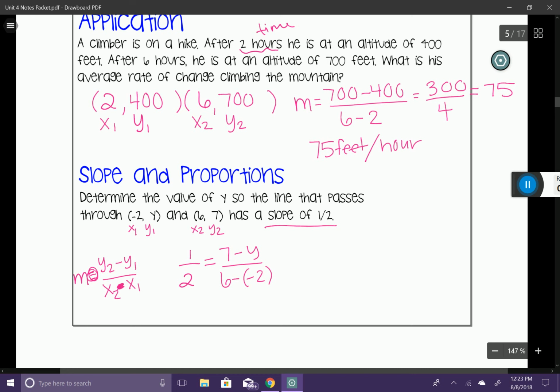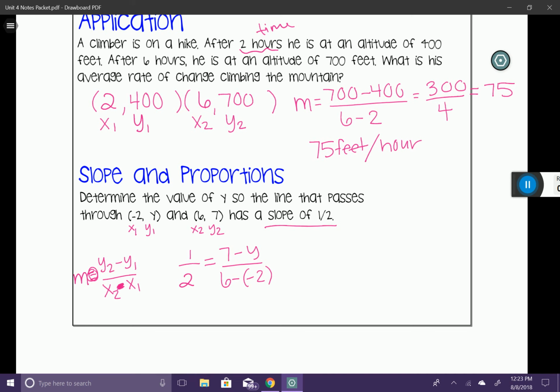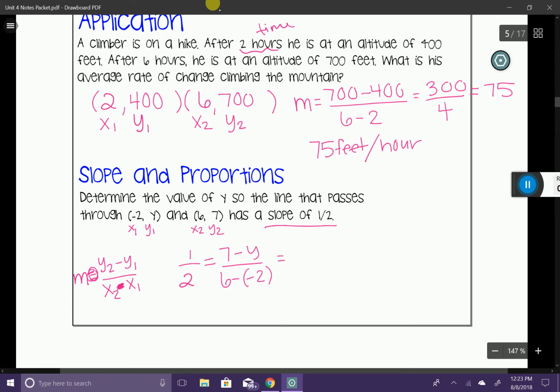You can see what it's done now. It's constructed a really nice proportion. So let's go ahead and simplify this. I have 1/2 is equal to, I'm just going to simplify this one little piece. And now I have a proportion. I'm going to go ahead and use my cross products, and I'm going to simplify. That's going to give me 1 times 8 equals 2 times 7 minus y.